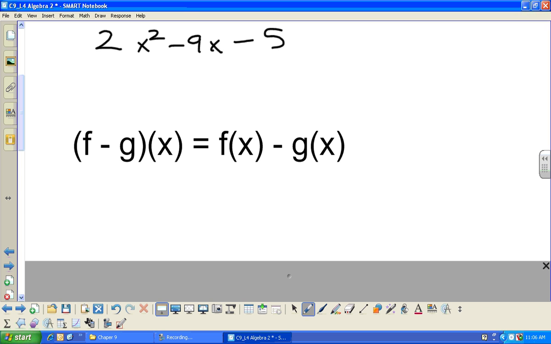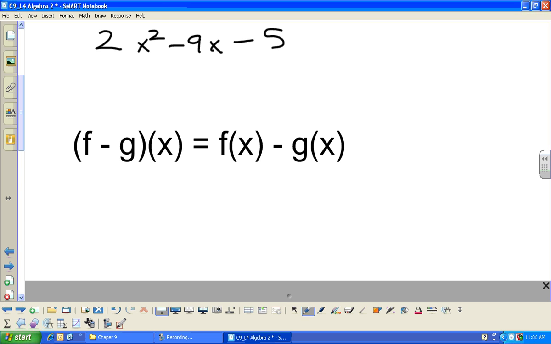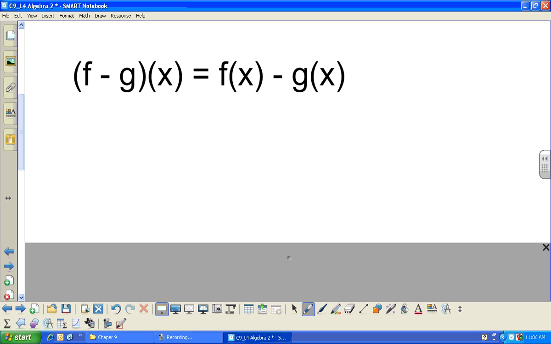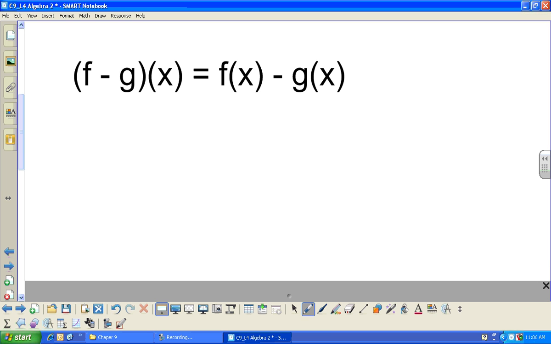If I'm given f minus g of x, that's the same thing as the function of f minus the function of g. So it would be written as 2x squared minus 10x minus x minus 5.